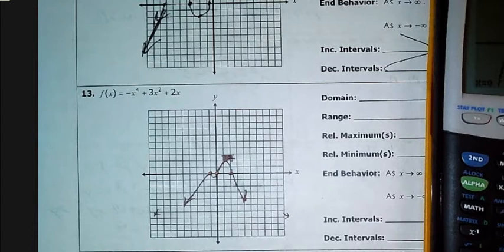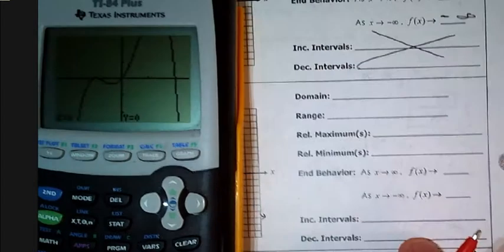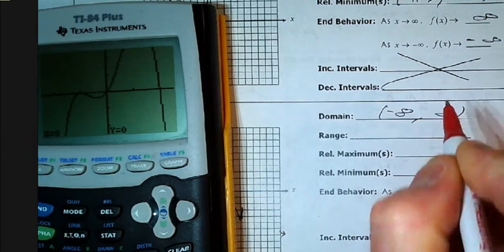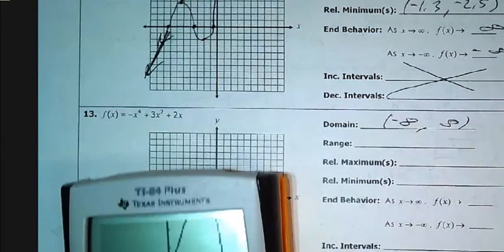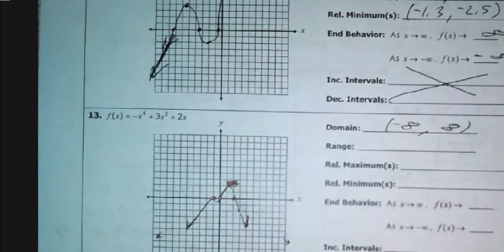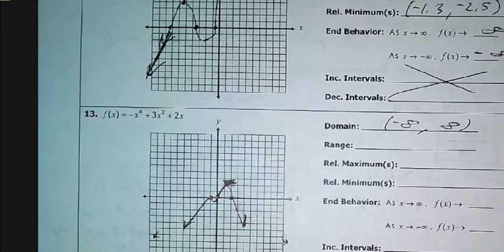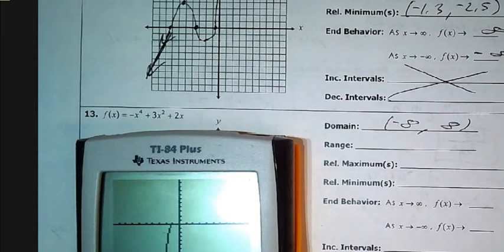Now the domain is the same as it always is: negative infinity to infinity. The range here is a little different. I need to zoom back out again so I can see a little better where my maximum is.